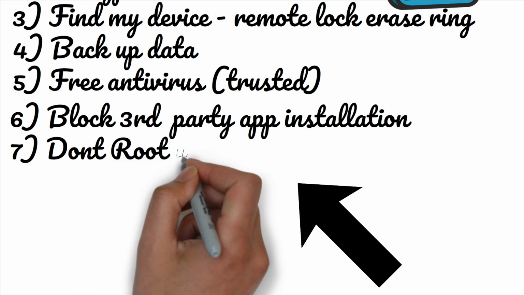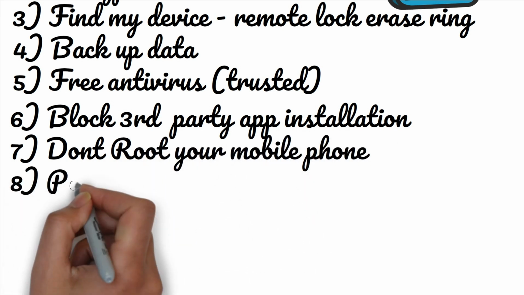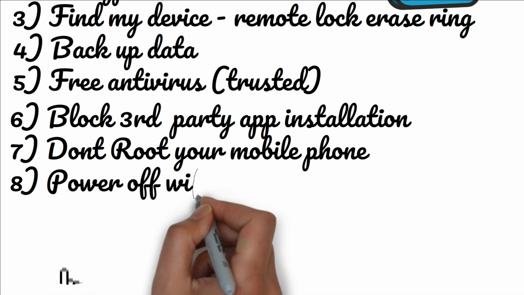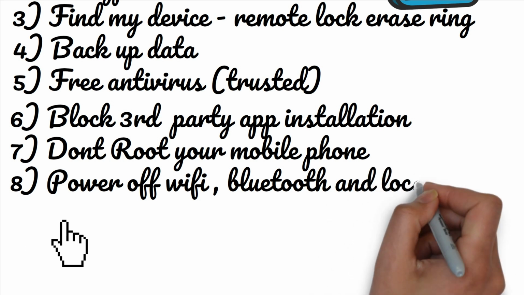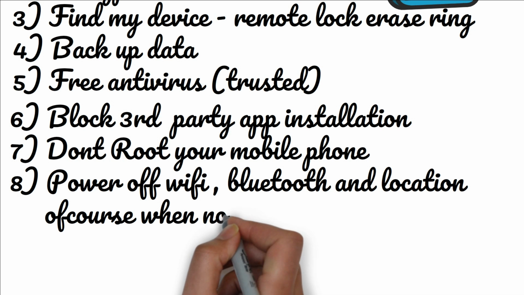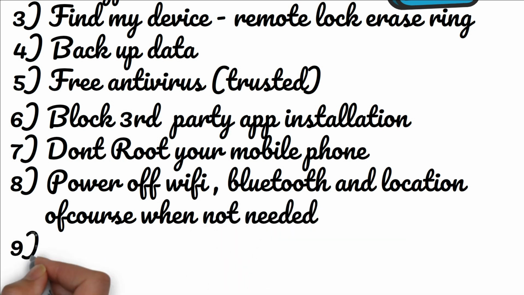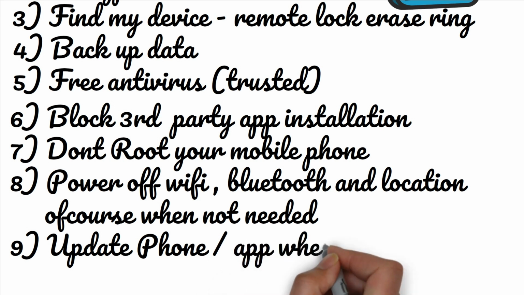Never root your device, because this can remove the security layer of your phone. It is always advisable to keep your Wi-Fi, Bluetooth and location in off mode if not needed. And lastly, update your phone and apps whenever an update is available.